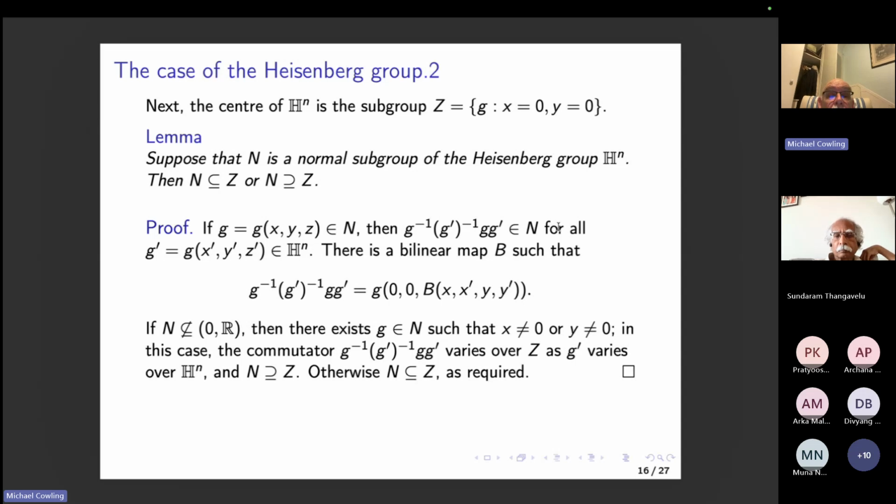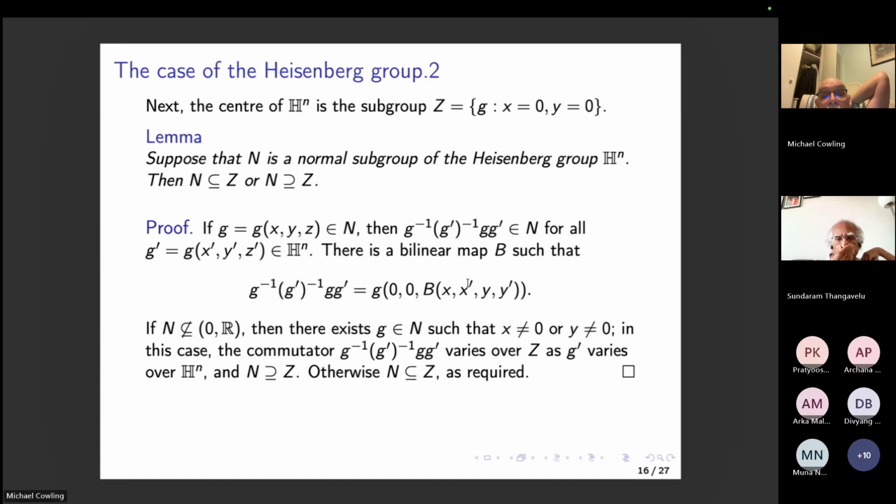Now, if you do the calculation, and it's quite easy to do, then there is a bilinear mapping that depends on the X and the Y components of G and the X prime and the Y prime components of G prime, so that this element here is an element of the center where it's possible to identify exactly what it is.